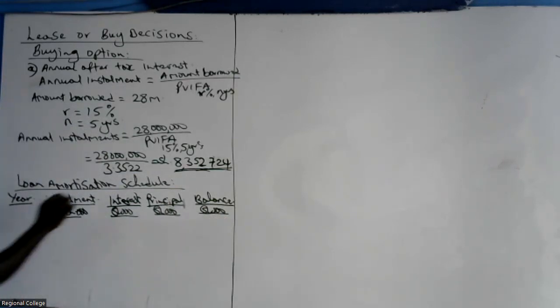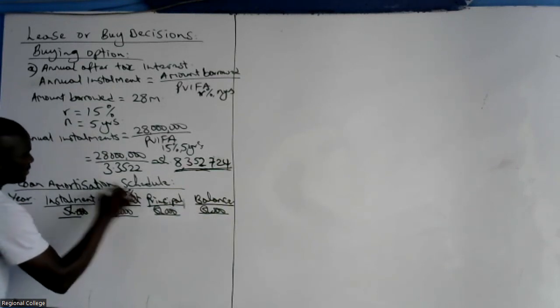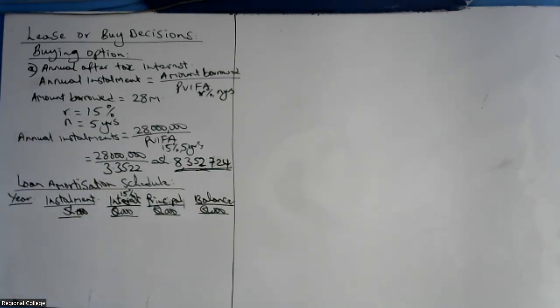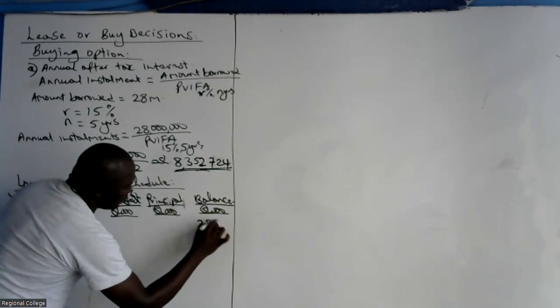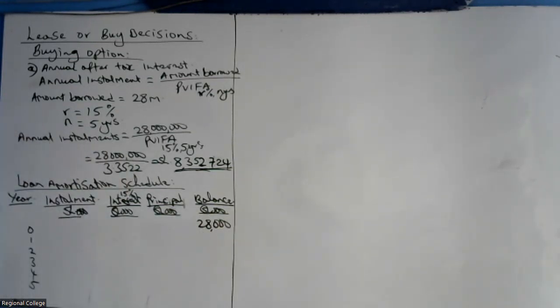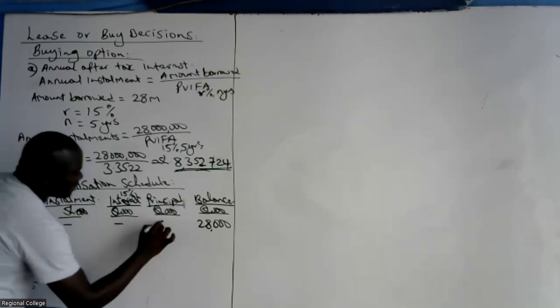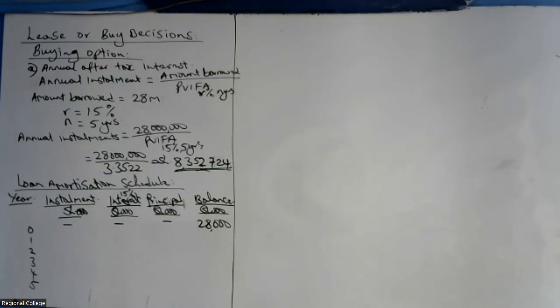We know that the interest rate is 15%, right? You start with year 0, then year 1, 2, 3, 4, and 5. In year 0, how much is your loan balance? 28,000. And in year 0, there is no installment, no interest, no principal. You start paying in the first year.